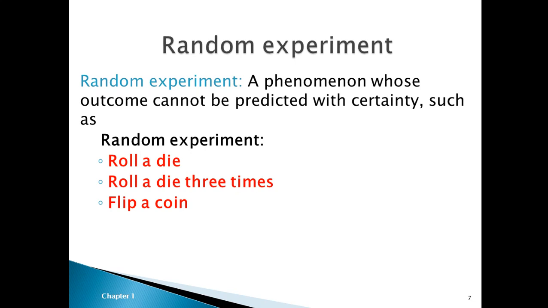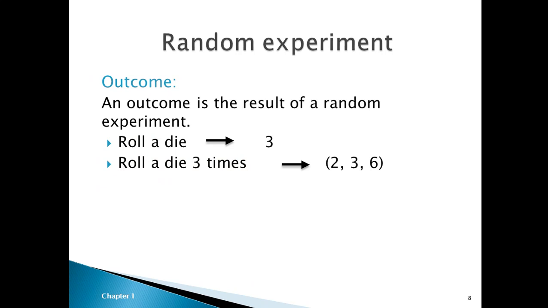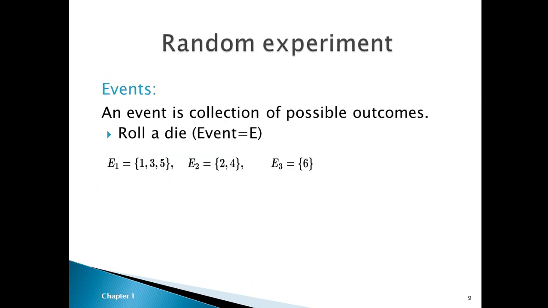Thus, an event is a collection of possible outcomes. In other words, an event is a subset of the sample space. An event is a subset of the sample space to which we assign a probability.